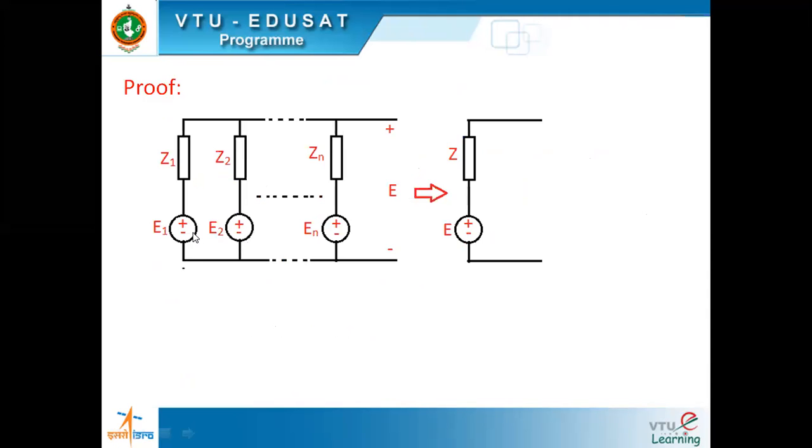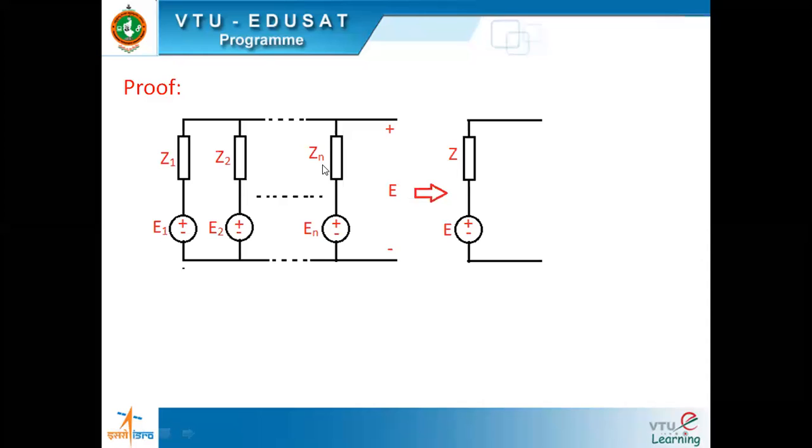See, there are n generators, n number of generators, with EMFs E1, E2, En respectively, having the internal impedances Z1, Z2 up to Zn respectively.